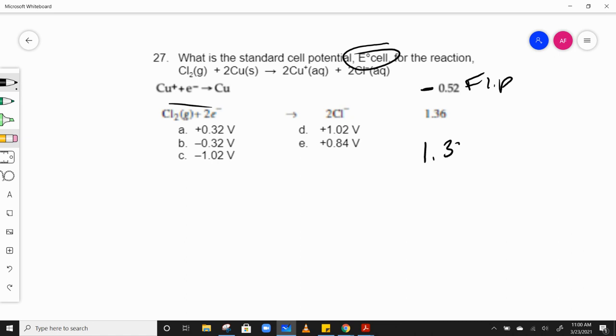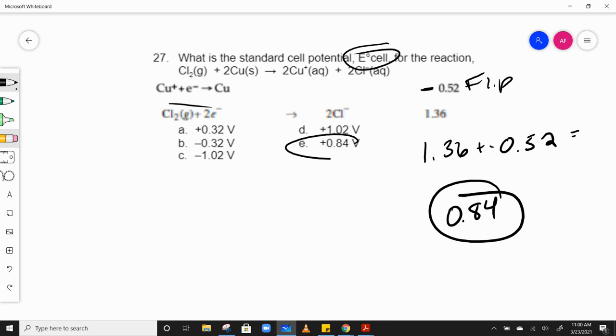So it's 1.36 plus negative 0.52, and you'll get 0.84, which is that one right there. And before, I think I wrote the wrong one. That's why I got D. So just make sure you're paying attention to that. It's a +1, not a +2. I wrote the +2 one in there before.